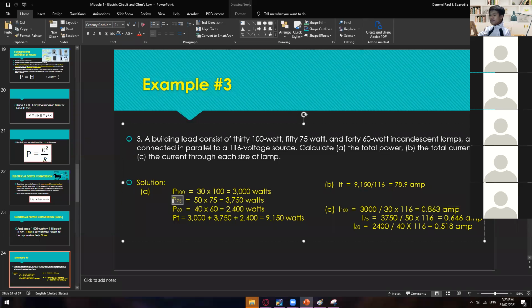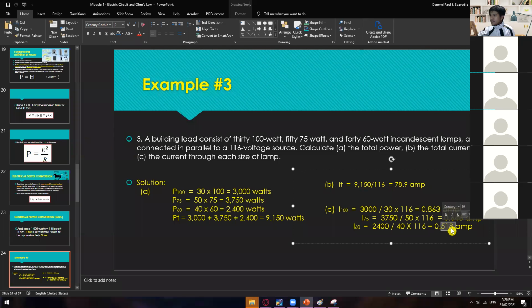And then for 75 watts, it is consuming 0.646 amps. And then for 60 watts, it is consuming 0.518 amps. As you can see, they are also proportional with each other. The higher the wattage, the higher the current. The lower the wattage, the lower the current. Right?